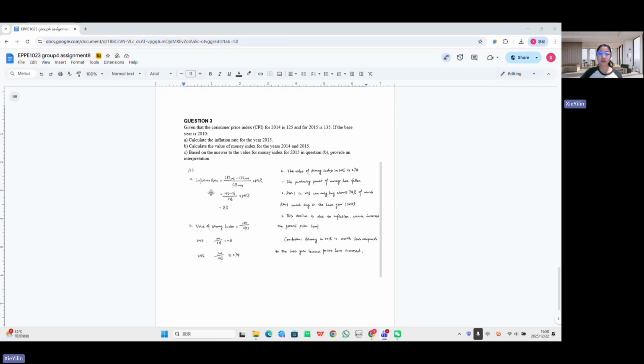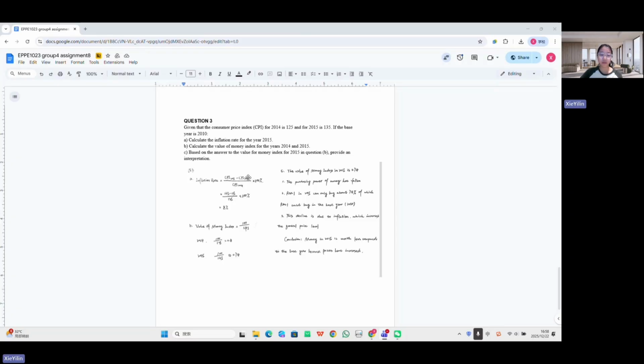We know the inflation rate is equal to CPI 2015 minus CPI 2014, divided by CPI 2014, times 100 percent. So we can calculate that the answer is 8%. For part B, calculate the value of money index for the years 2014 and 2015.